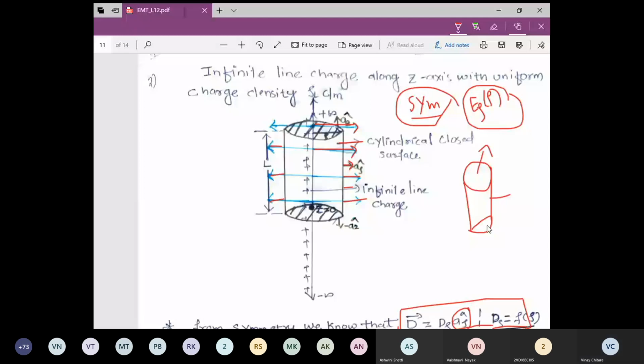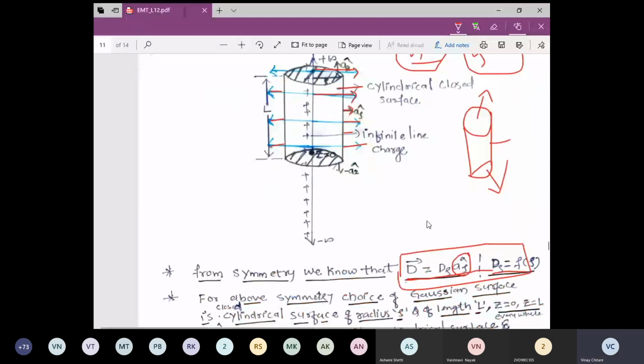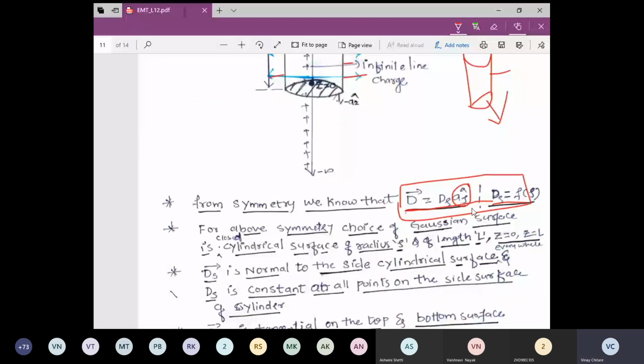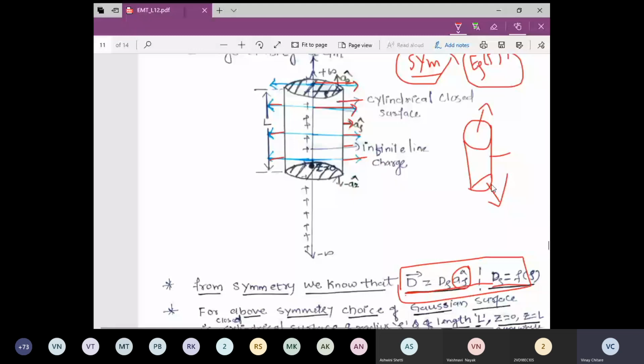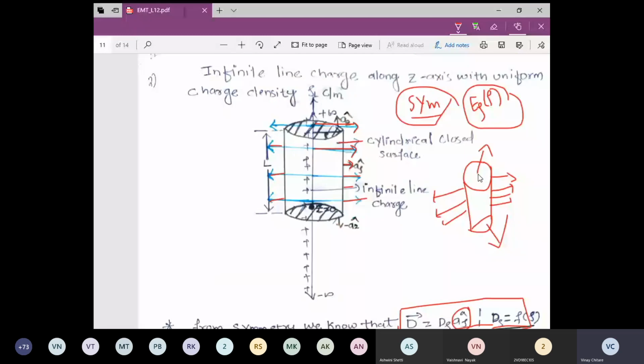By symmetry, I know that the nature of the flux density is radial because it is a rho hat, which means it is like this. So I can see that my flux density is really normal on the side surface. So can you tell me how it is on the top and the bottom surface?